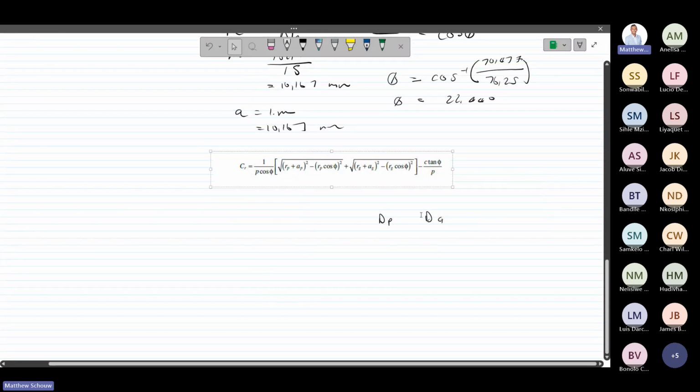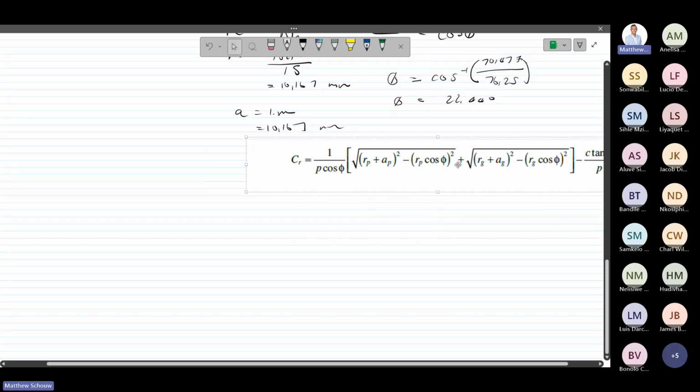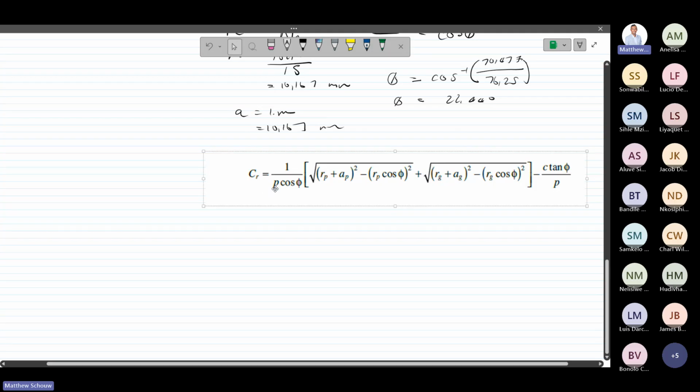You've got to redo all of that. Just remove this and get a new contact ratio. You've got your circular pitch, which will be pi times m. You've got a new pressure angle. That will still stay the same, and these will change, and then you're able to get your contact ratio.